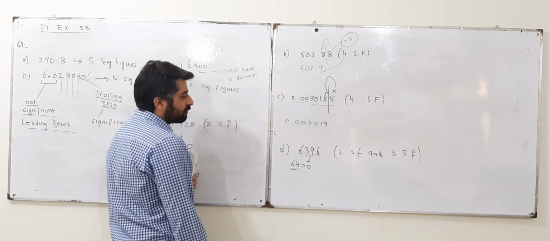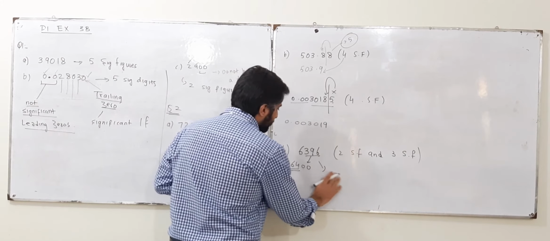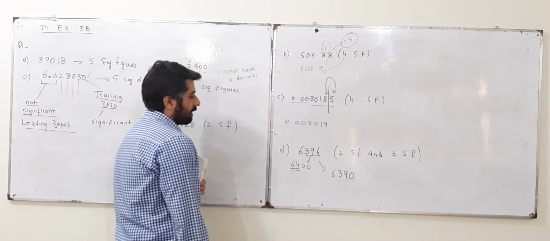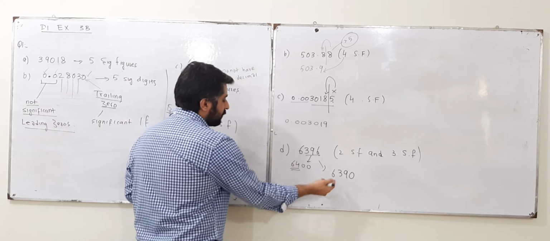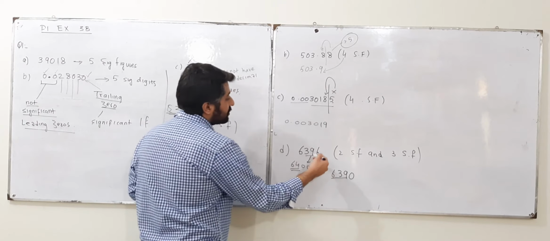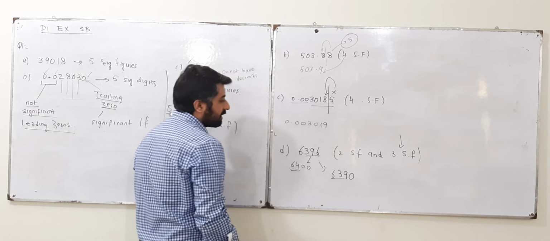What about rounding off to three significant figures? Okay, you can do it. 6390. Now we have three significant digits. I have rounded off not to the nearest 10, but according to the situation I need three significant figures.